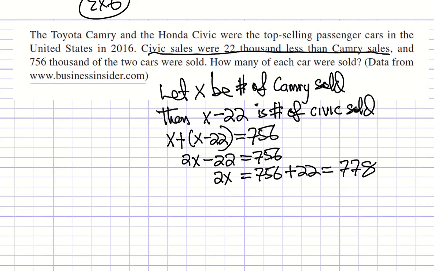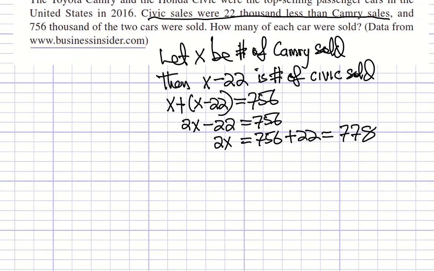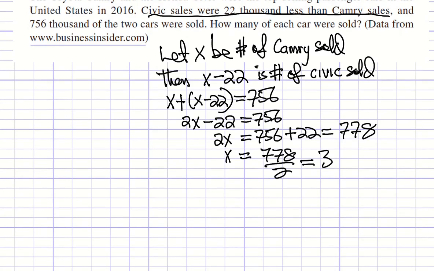Yeah, 778. And then get rid of 2, say x is equal to 778 over 2. 2 divide 7, you get 3. 2 divide 17, that's 8, sorry. And then 1 remains, that's the 18, and then it's 9.